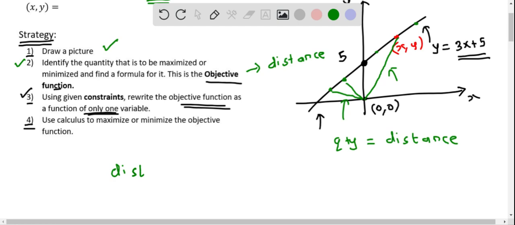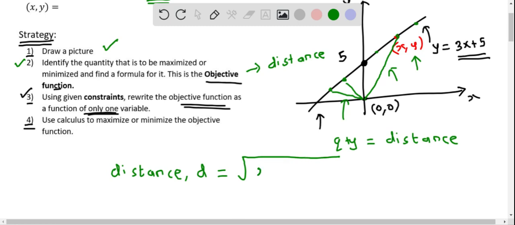Distance, we can write as d. This is equal to the distance between the origin and any point on the line. Any point on the line is considered as x comma y, so we can use the distance formula, the square root of x1 minus x2 quantity squared plus y1 minus y2 quantity squared. In this case, we consider x comma y as x1, y1 and the origin as x2, y2.